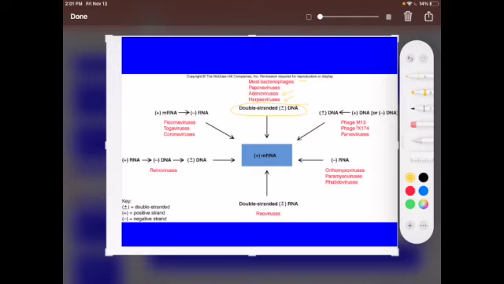Most bacteriophage or phage are double-stranded DNA viruses, meaning that their genome is a double-stranded piece of DNA in there.